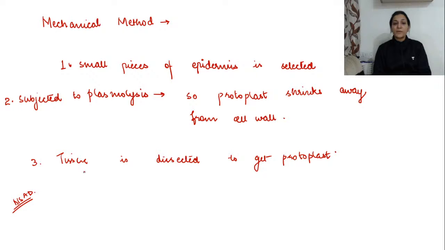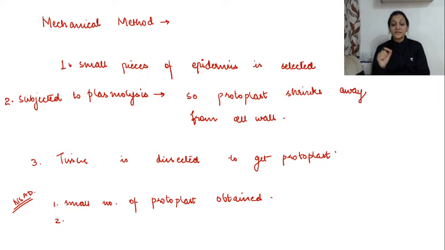The number of protoplasts obtained is small. Then it is not suitable for isolating protoplast from the meristematic and less vacuolated cells, and this method is quite laborious and tedious because one has to dissect it.